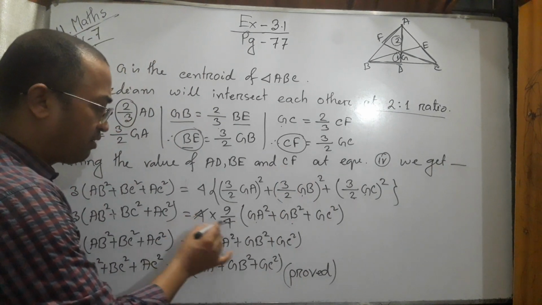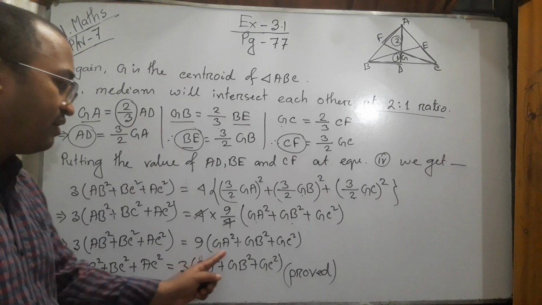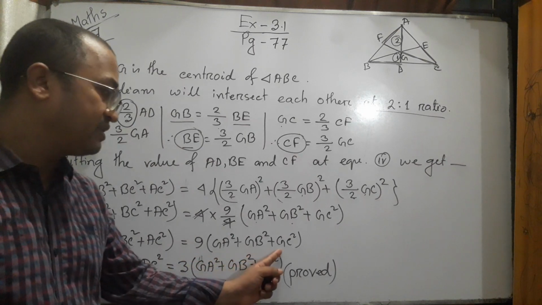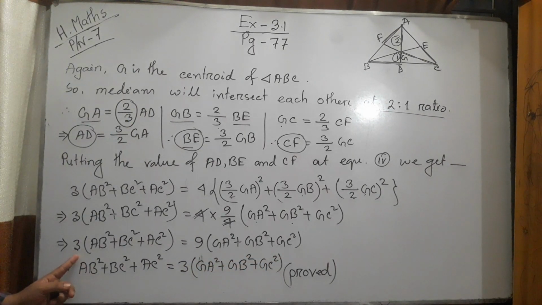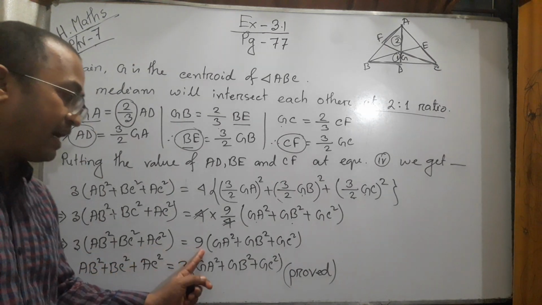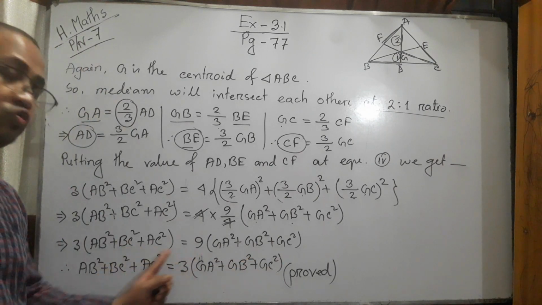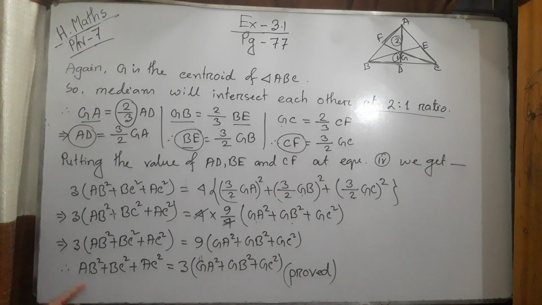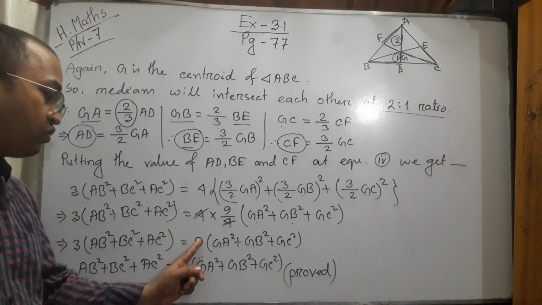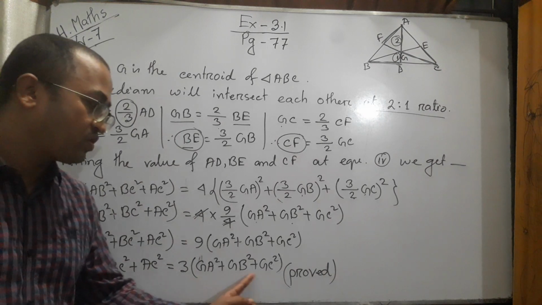Now by cancelling 4 with 4, it remains 9 times GA square plus GB square plus GC square. But look, it is 3AB square plus BC square plus AC square, and it is 9 times GA square plus GB square plus GC square. We can divide both sides by 3. It will be AB square plus BC square plus AC square equal to 9 divided by 3, that is 3, times GA square plus GB square plus GC square.